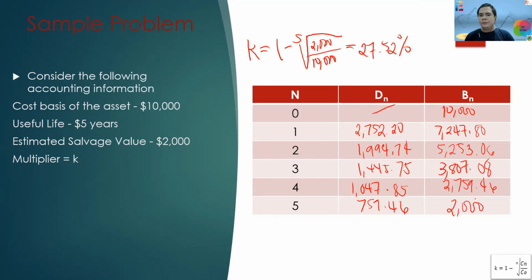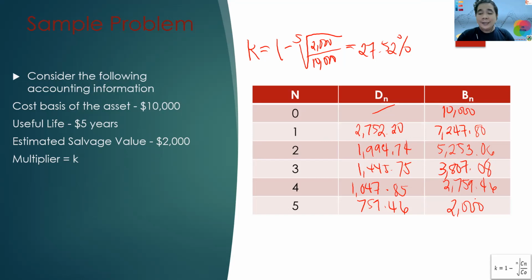So, as you can see, when you're solving it on a constant percentage, at the end of the fifth year, the book value is exactly your salvage value. In that way, you do not need any adjustments on any of your years' depreciation value.